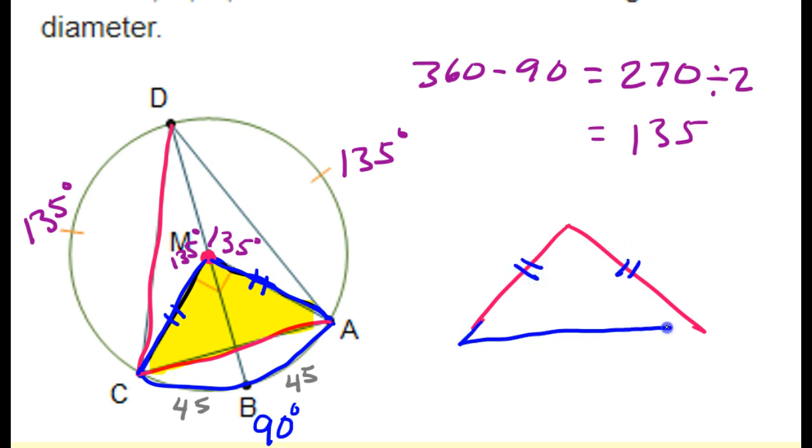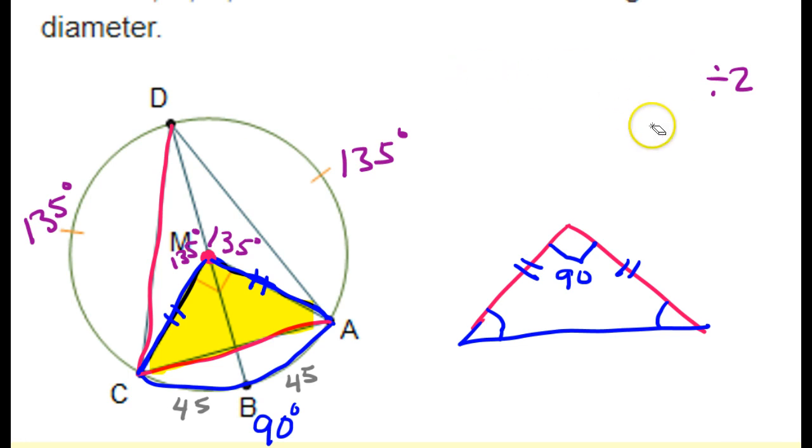Now, the reason why it's important is because the base angles of an isosceles triangle are equal. So if I know that this is 90 degrees, as you can see, I should be able to find what the other angles are. The total sum of the angles in a triangle is 180.